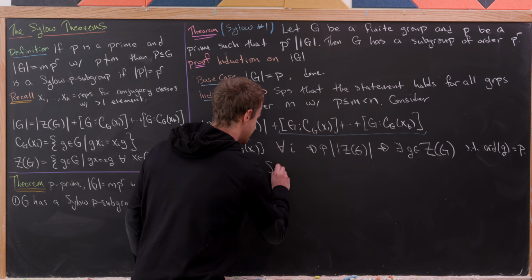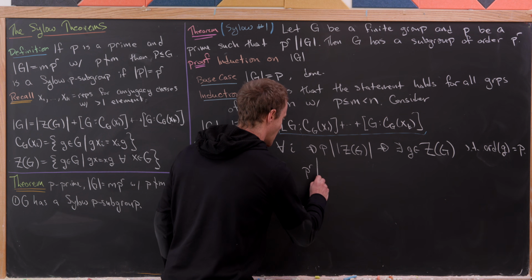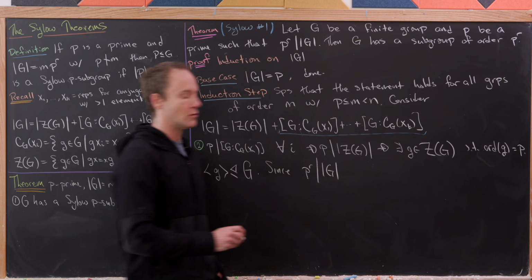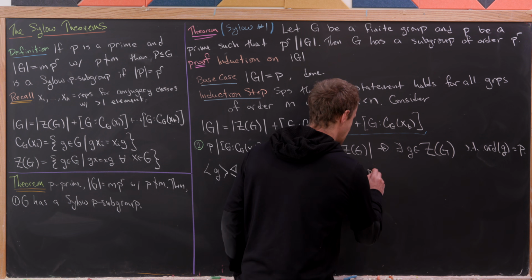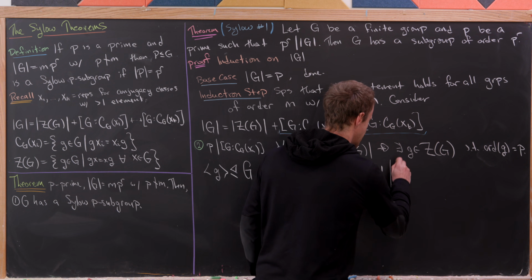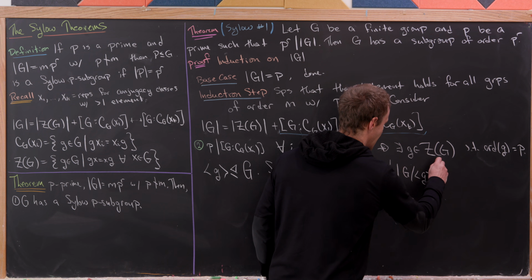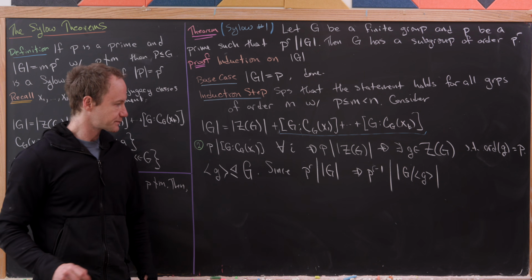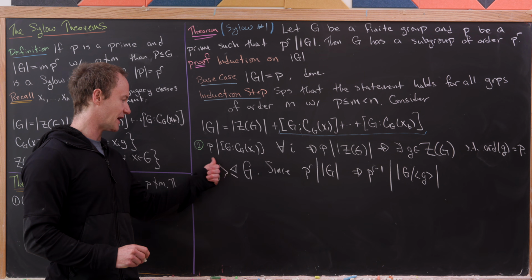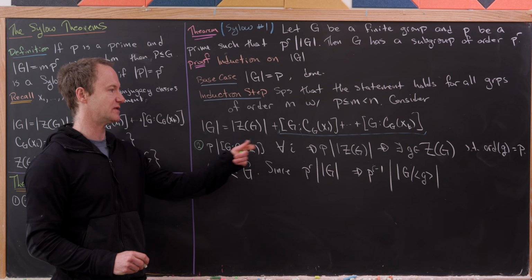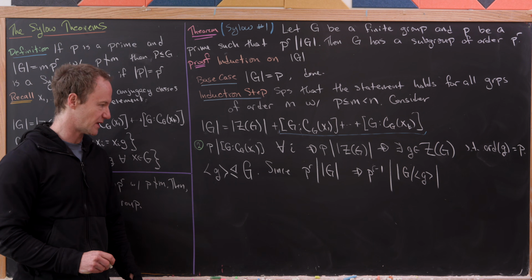Okay, great. But since it generates a normal subgroup, the natural thing here is to look at the quotient group. So let's do that. Since p to the r divides the order of G, we know that p to the r minus 1 divides the order of G mod little g. And that's because, well, how many elements are in this cyclic subgroup? Well, there are obviously p elements because it's generated by an element of order p.